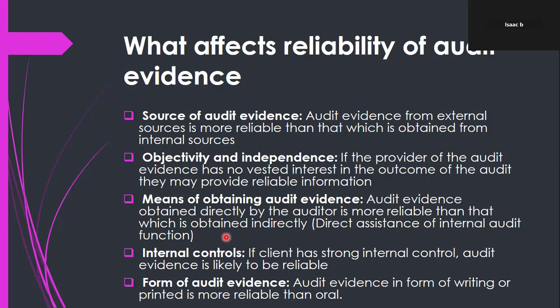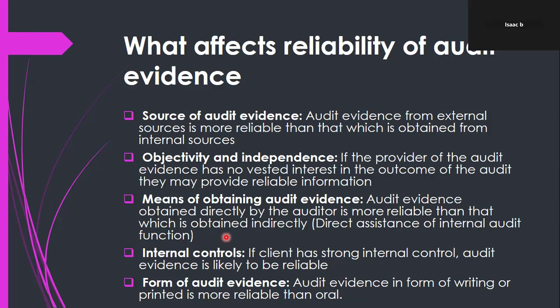They work in the business and their job is to make sure the controls are functioning appropriately. Then you give them a job to help you monitor and evaluate the controls. They may not be as objective and might provide audit evidence which is not very reliable. So if the auditor carries out the work themselves, then the information obtained is deemed to be more reliable. Then internal controls.